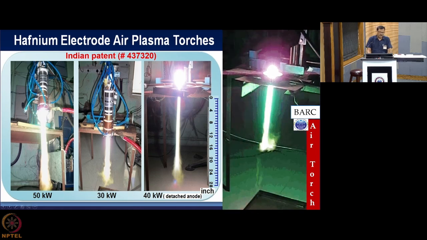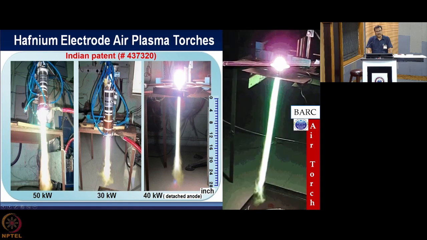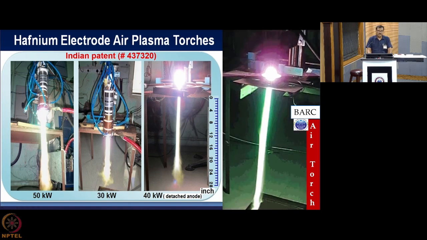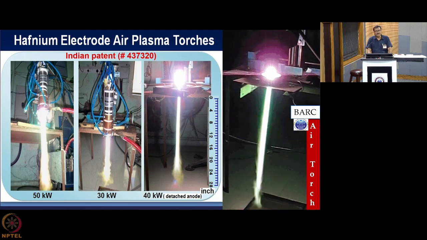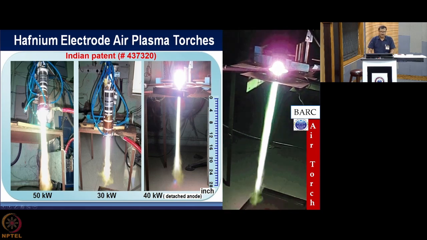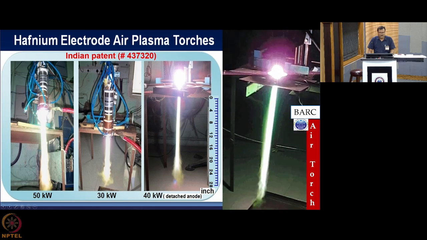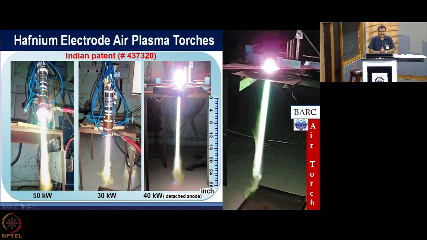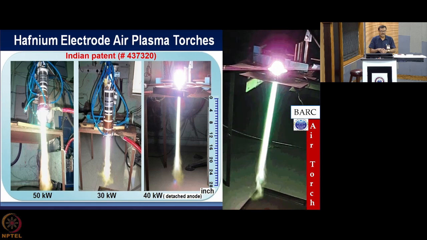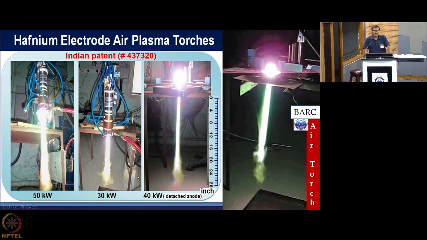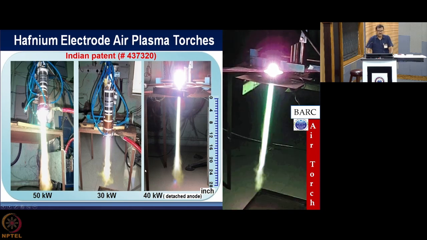So if you are able to manage the device structure or electrode design in such a way that the electromagnetic body force within your plasma torch is shaped in such a way that it produces a thrust which is sufficient to throw the plasma to a much longer distance.